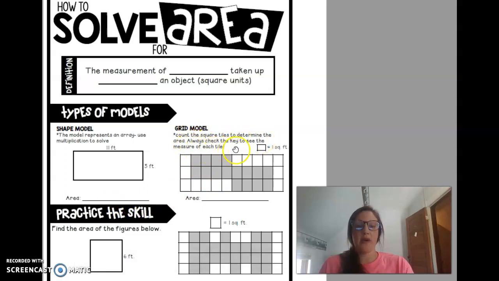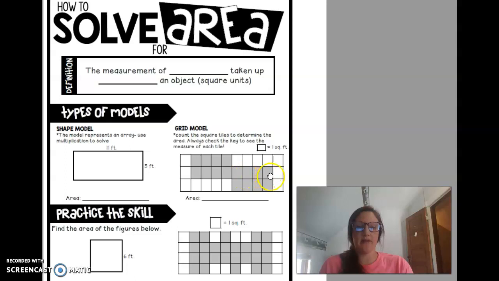Over here on the grid model, it says count the square tiles to determine the area. Always check the key to see the measurement of each tile. So we are going to look only at the shaded portion. How many are shaded? What is the area? Instead of counting around the outside like I do for perimeter, I'm just going to simply count the boxes. We have 4 on the top, and there's 4 right below it, so that makes 8.